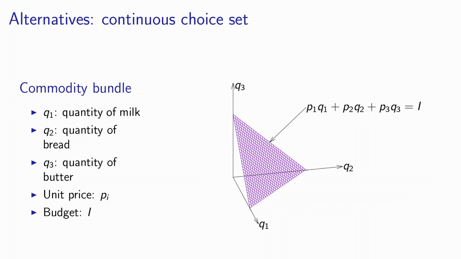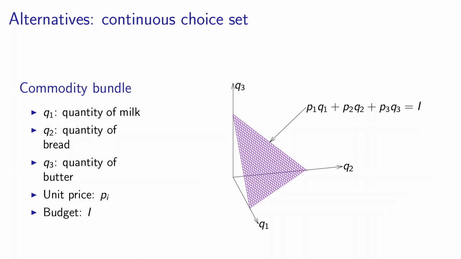In this case, the choice set, so all possible decisions that you can make, can be characterized by the intersection of the plane with equation P1Q1 + P2Q2 + P3Q3 = I. So basically all possible combinations that achieve the feasible budget.